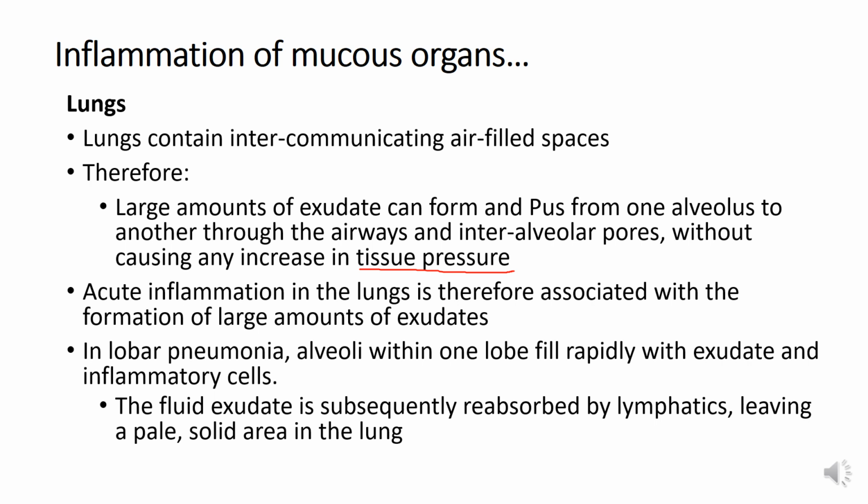Then it solidifies. Remember, the lung tissue is spongy and highly aerated. It is not meant for fluid. It is meant for air. That is why lung tissue is light and it is poofy. It is spongy in nature.